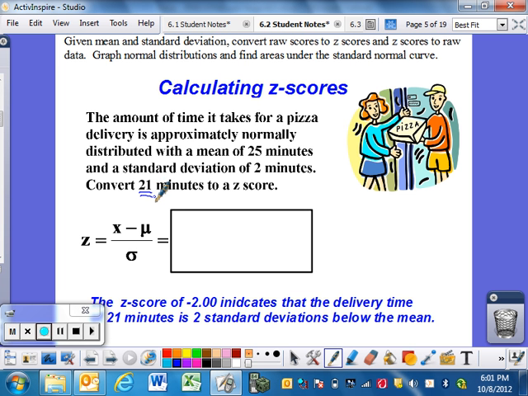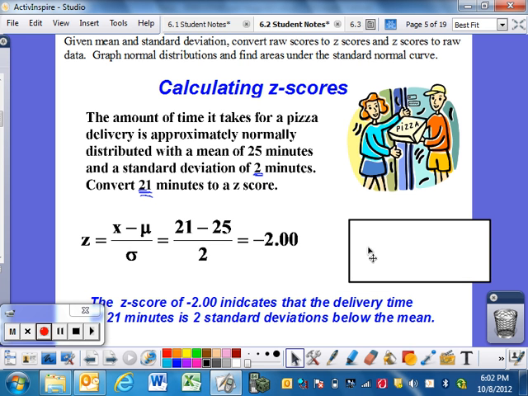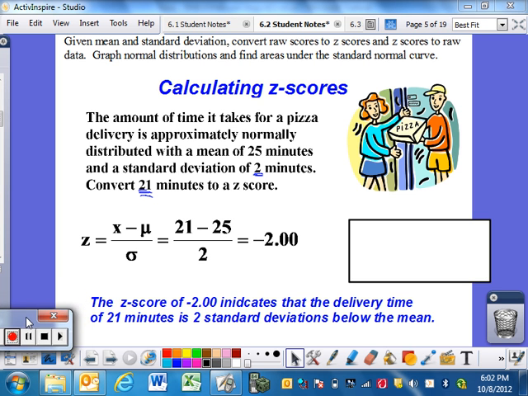Well, before I even do the formula, the standard deviation is 2 minutes, and 21 is 4 minutes before we expected to get it. Hopefully you guys are thinking, hey, that's 2 standard deviations away to the left. If you do the math, 21 minus 25 is -4, divided by 2 is -2. That means we are 2 standard deviations to the left, or below the mean.